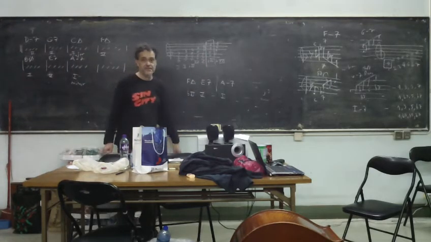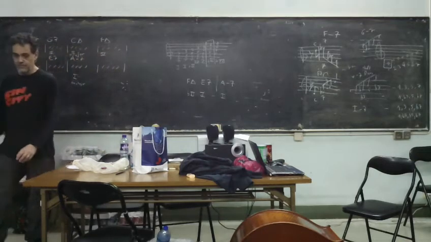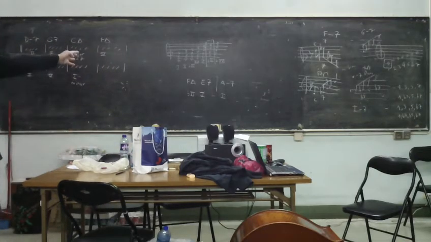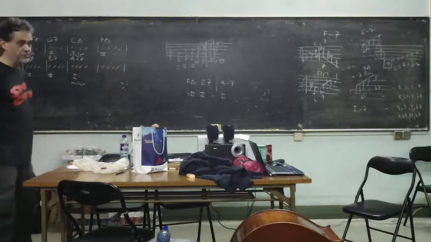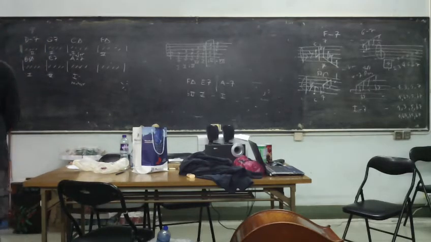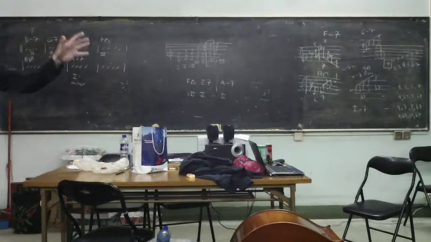The flat 6, okay? So in this case, A minor, the flat 6 is F. So why is the flat 6 important? It's important to define the subdominant area. All the chords with the flat 6 are subdominants in minor, okay? Of course, the fourth and the seventh also in minor are very important.